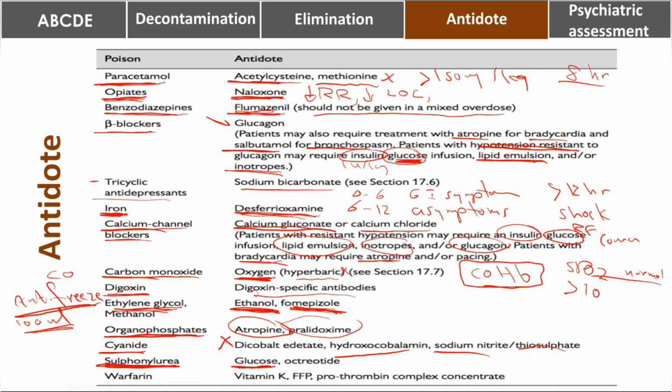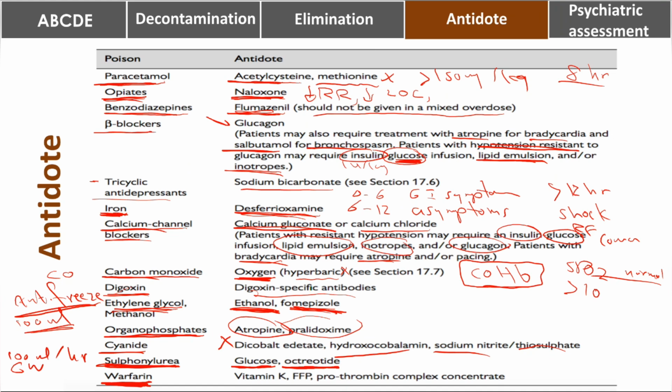So you have to give glucose. It is better to transfuse 100 ml per hour constantly of glucose water. If the patient has severe hypoglycemia, give hypertonic glucose. The antidote for sulfonylurea is octreotide, which counteracts the effect on the beta cells of the pancreas.